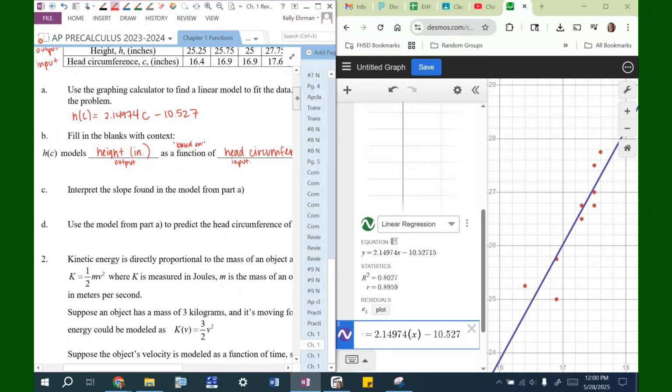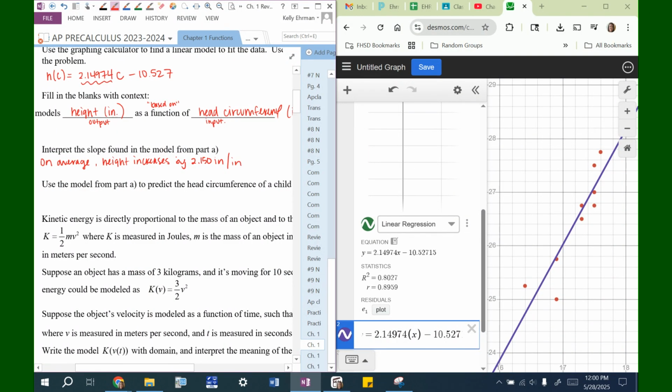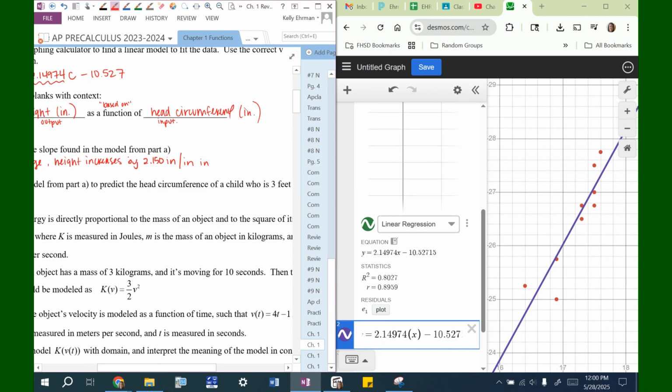Interpret the slope found in part 1. So the slope was this number. On average, remember this is kind of a script, output increases by this much per input. So on average, the height increases because it's a positive slope by 2.150 inches per, this is weird, inches per inch in head circumference.